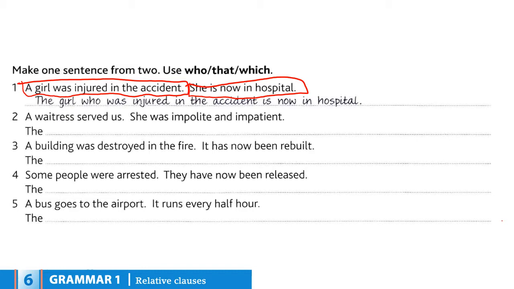A girl was injured in the accident. Now we're going to start with the girl. The girl, what girl are you talking about? I'm talking about the girl who was injured in the accident is now in hospital. Okay? Now, we're going to do the next ones.